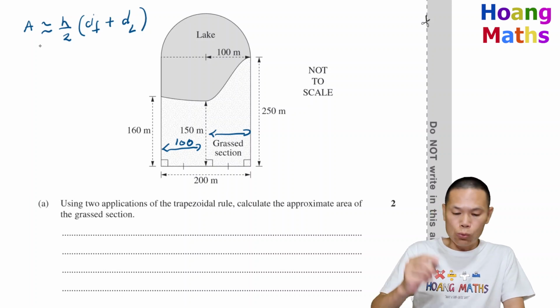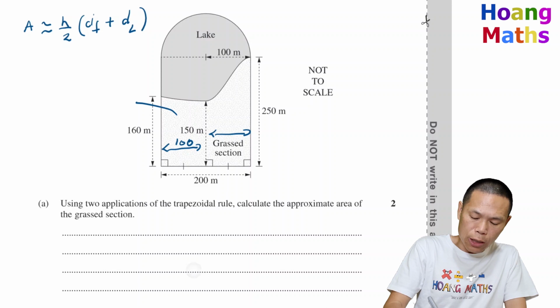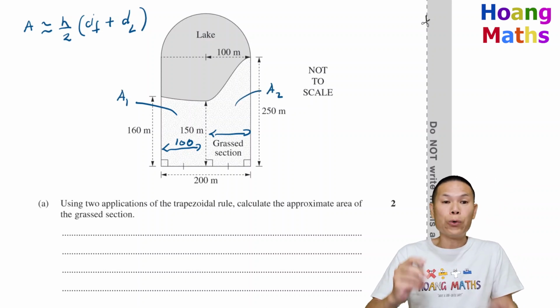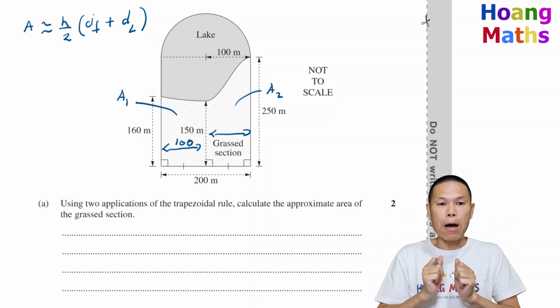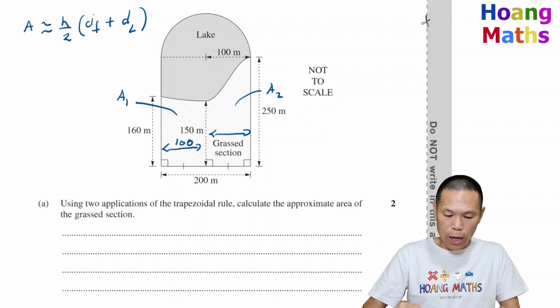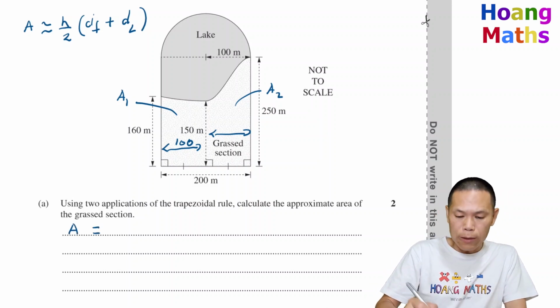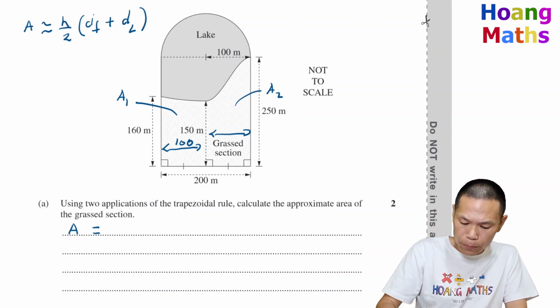So now we just need to work out this area because we need to use 2 applications. So let's make this area 1 and this is area 2. We just need to work out area 1 and then area 2 and we add them up. Let me just put them all together. So area is equal to A1, which is H, the width of the strip, that is 100 over 2.